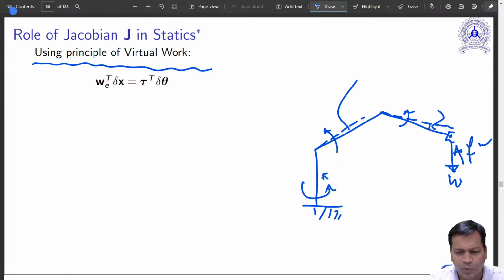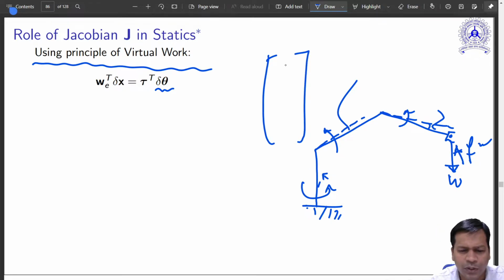It has further moved to a new value. This is a small displacement, I call it delta theta. And mind you, delta theta is not just a single delta theta, it is an array of all delta thetas. If it is a three-jointed robot, it is delta theta 1, delta theta 2 and delta theta 3.